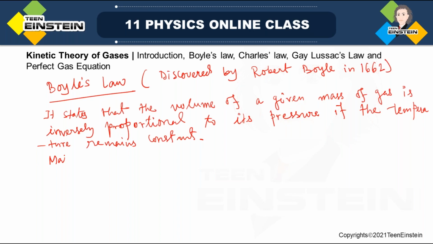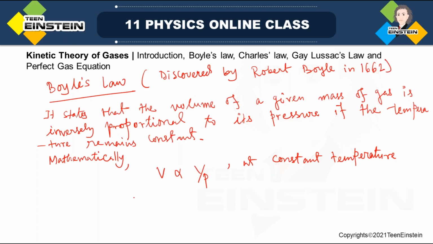Mathematically it can be written as volume inversely proportional to pressure, at constant temperature. And if we write in terms of equation, this would give you V equals K by P, where K is a constant, and this we can write further, PV is equal to K, where K is a constant.